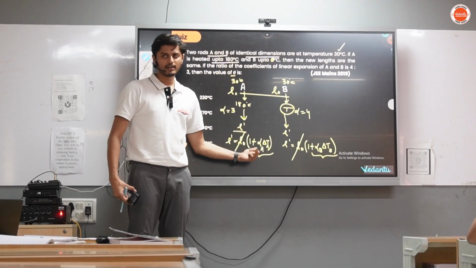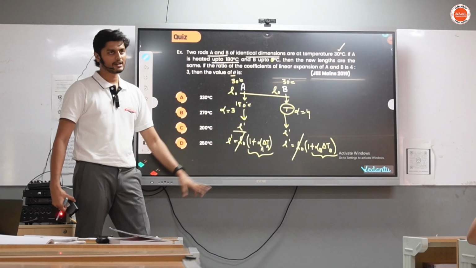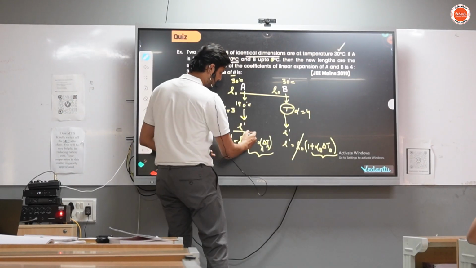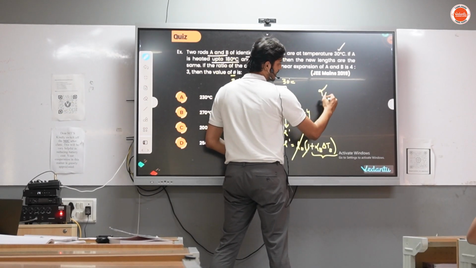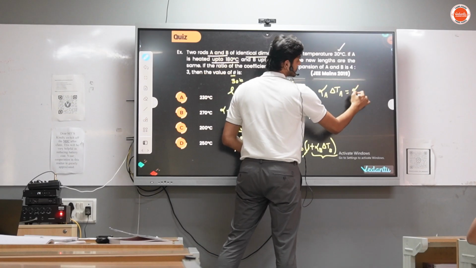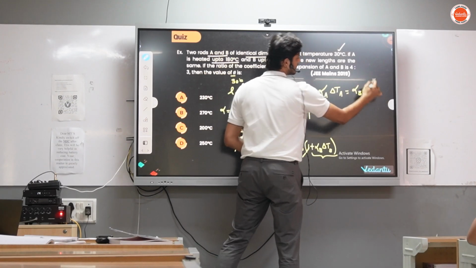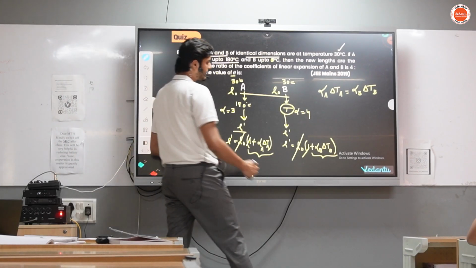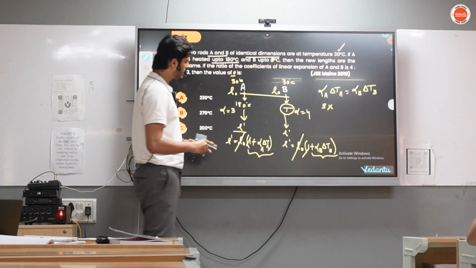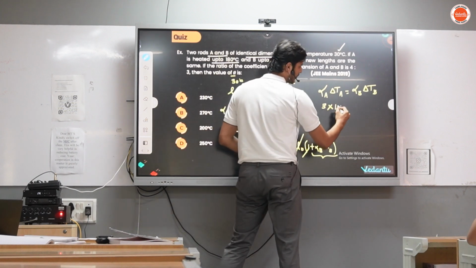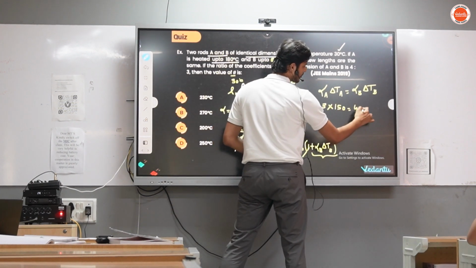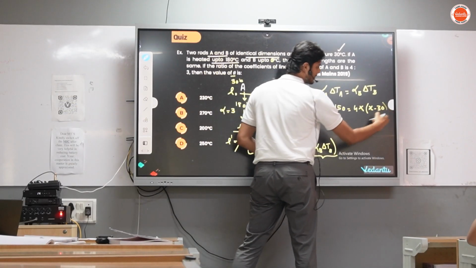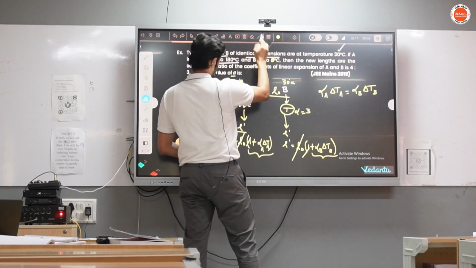So alpha 1 delta T1 equals alpha 2 delta T2, since the 1 is also getting cancelled. The formula is alpha A delta T for A equals alpha B delta T for B. Alpha A is 3, delta T is 180 minus 30, which is 150, equals alpha B which is 4, into delta T which is x minus 30.